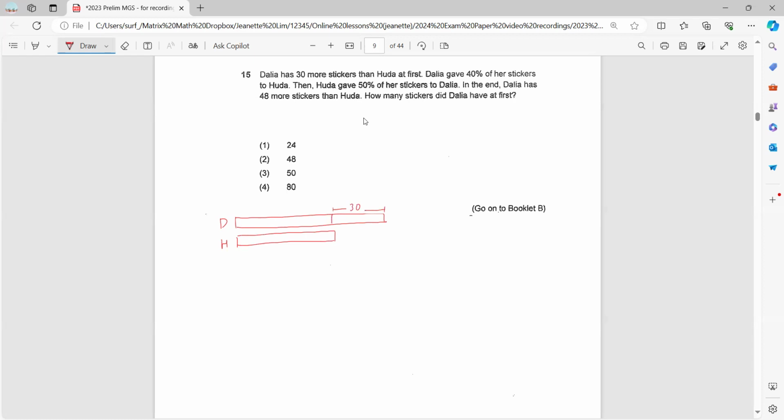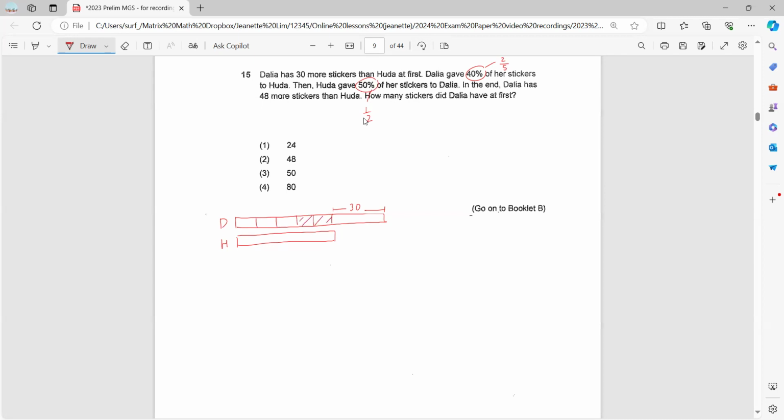Now, Dahlia gave 40%. 40% is 2/5. 50% is half. So we change to fractions. Dahlia gave away 2/5. To remove 2/5 from Dahlia, we'll cut this first front part into 5 units and then shade away 2.